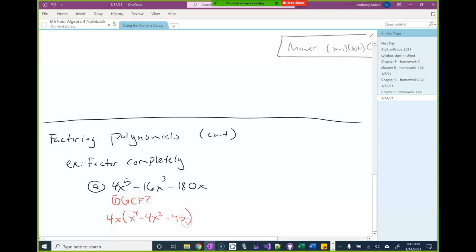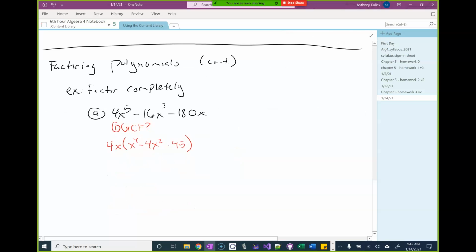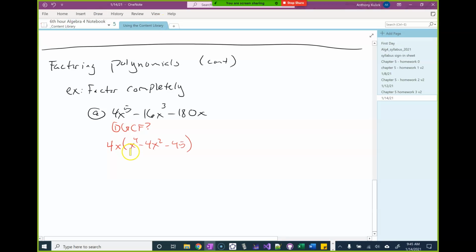Okay. So the 4x, that greatest common factor, we're just going to ignore from now. It has to come with us on every step of the problem, but we're done doing anything with it. It just hangs out front for the rest of the ride. The part that we're going to talk about from here on is the x to the 4th minus 4x squared minus 45 part.